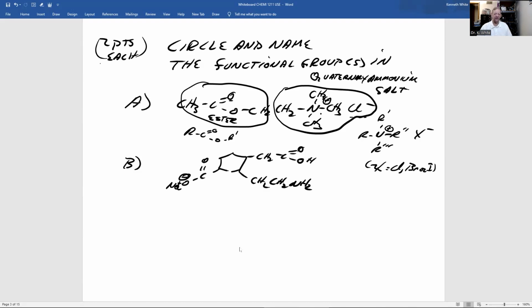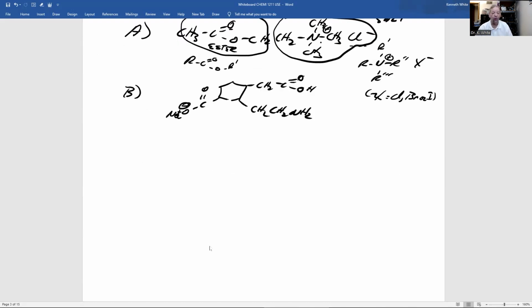And let's go on to B. What do we have here? Ooh, oxygen here, oxygen minus, and a carbonyl. Carbons here, and a cation. And that's right here, a carboxylate anion.